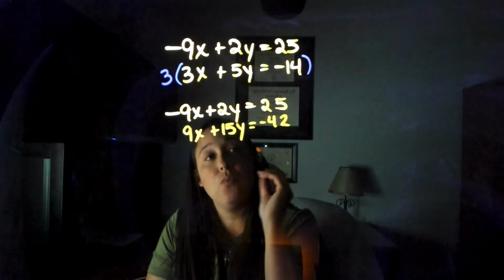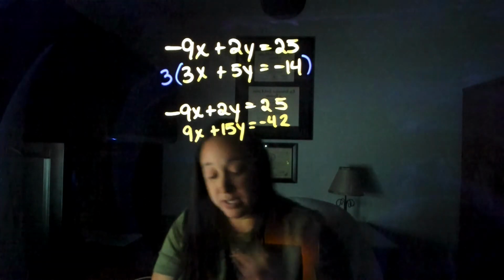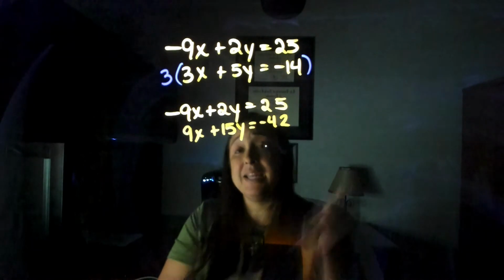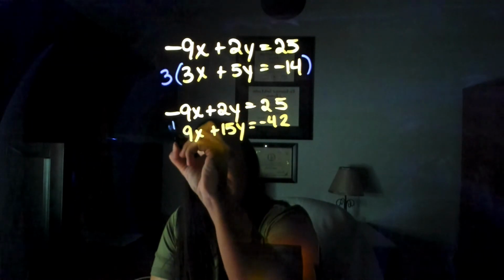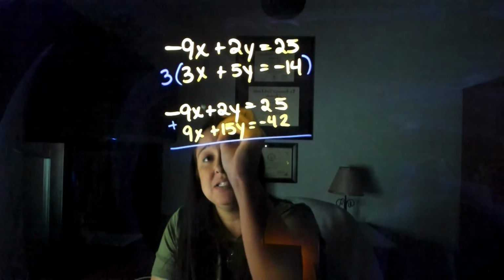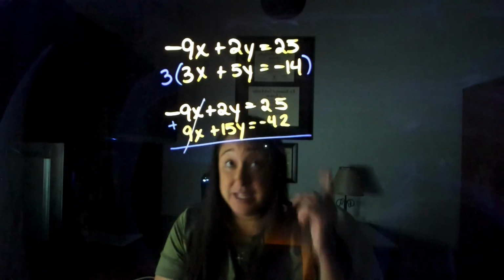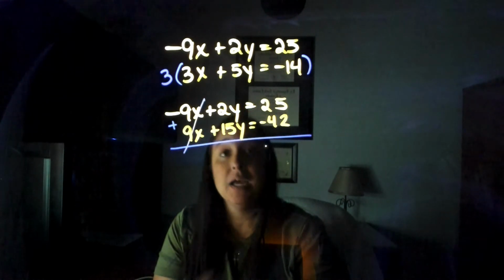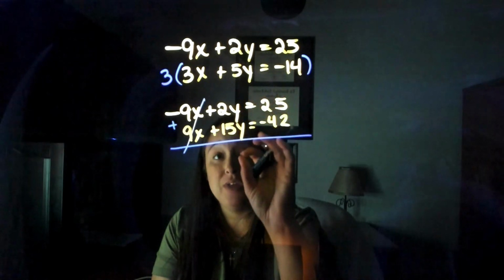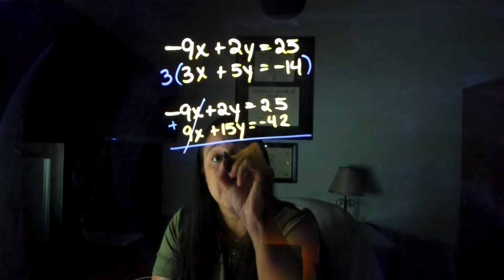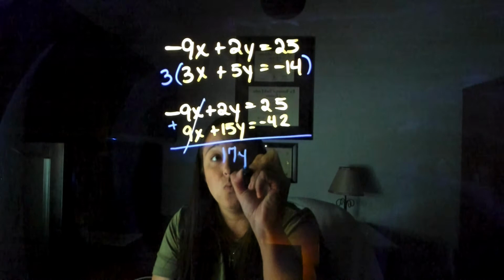All right, so when I do that, if you notice, my 9s here are opposites of one another. And if I add these, those would eliminate, the elimination method. Now what we're going to do is add everything else. So in this case, I would have 17y.